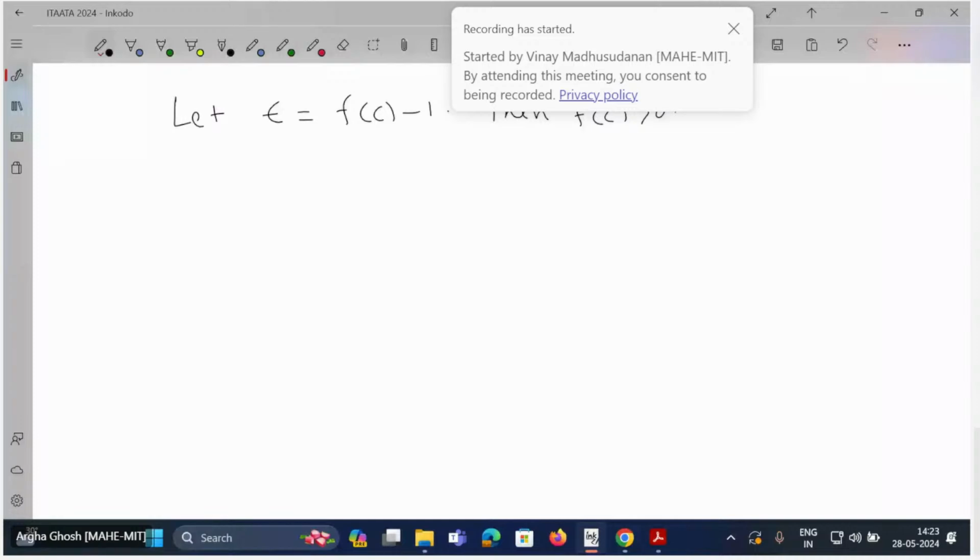Now since f is continuous at c, what will happen?